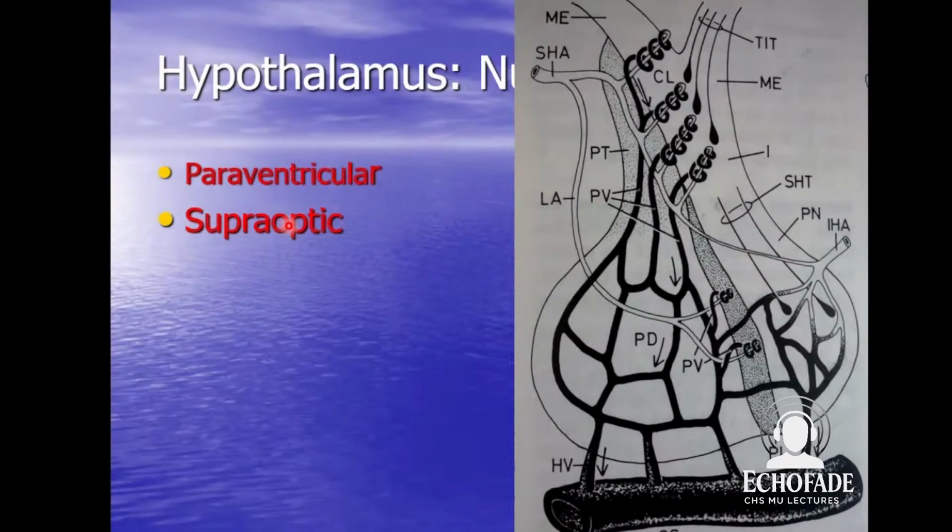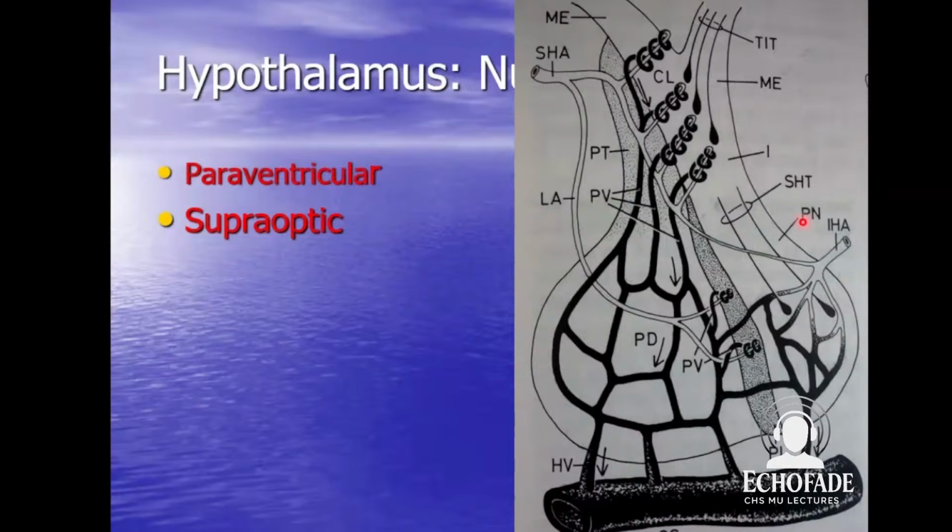These neurons secrete two hormones, oxytocin and vasopressin.